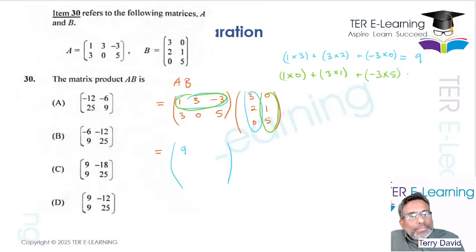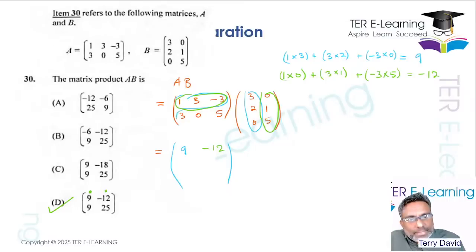So let's add this up. 1 by 0 is 0, 3 by 1 is 3, minus 3 by 5 is minus 15, and minus 15 plus 3 is going to give you minus 12. So that's going to be a minus 12 here. If you look at the answers here, automatically we know the answer should be D, based on the fact that we have a 9 here and a minus 12 here. But just to be safe, let's make sure we're on the right track.